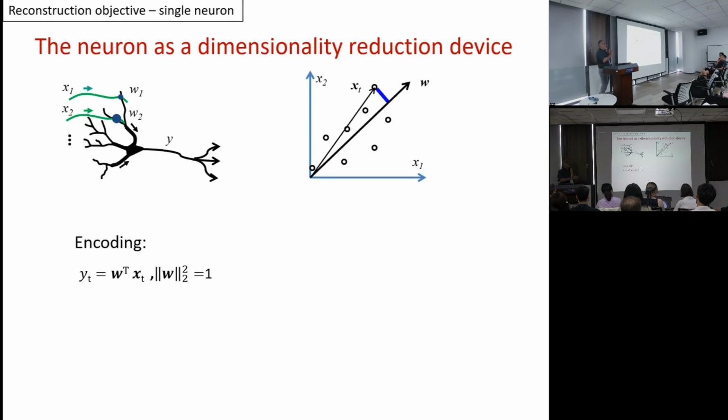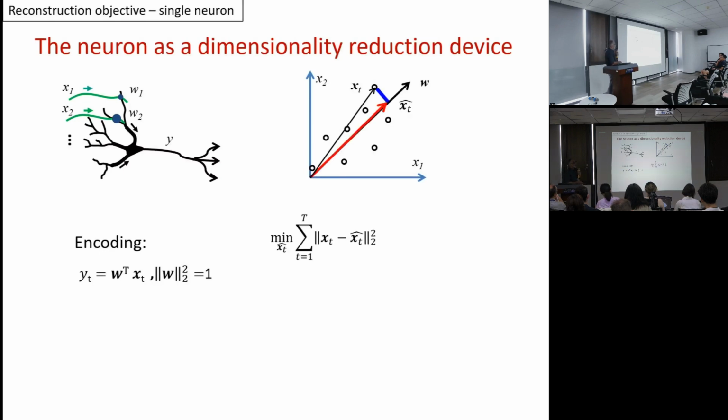So that's a view of what a neuron does. I'm just retelling you what you already know based on the summing of synaptic currents. But now we will ask a question: what determines that vector w, the synaptic weight vector, on which the projection of the inputs takes place?